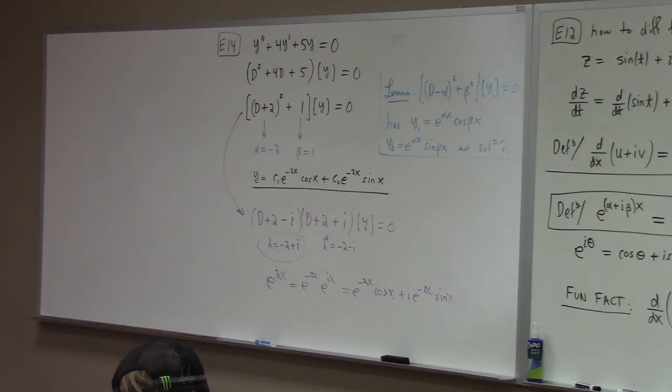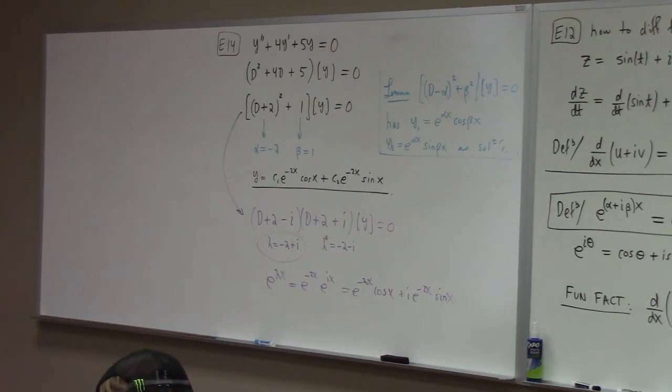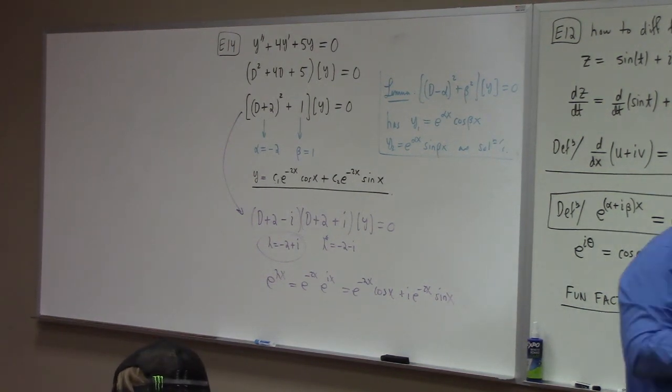Let's see here. How about if we have D squared plus 4D plus 3 times D squared plus 1 squared. Now, you guys know that this right here, what happens if we complete the square on that?